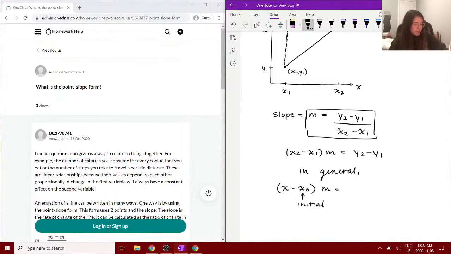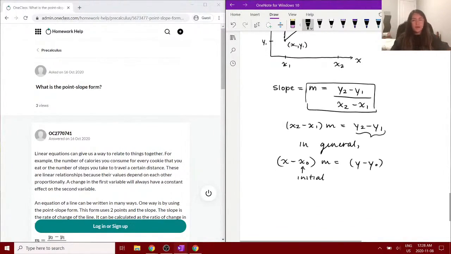That's the only reason why I would include it. But if you are not familiar with x naught or y naught, then you'll probably just use the 1 and 2 notations instead. All right, so that's pretty much it for the point slope form.